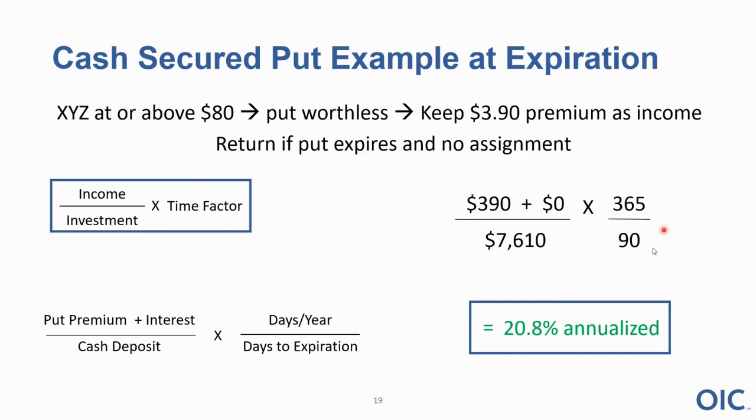When we put all of that into our calculator, we come up with roughly 21% annualized. So if we sold this $80 put for $3.90, and the put expired worthless, it was a 3-month strategy, it would generate roughly a 21% return, assuming that put expired worthless.